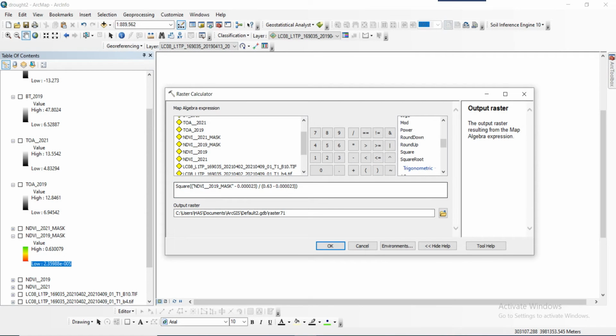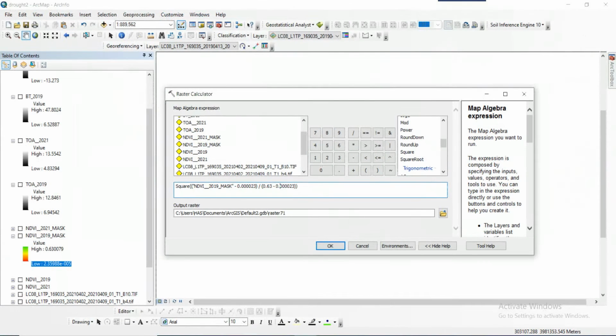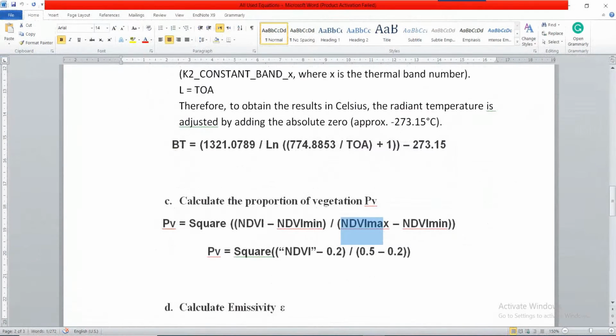Well, so we use the maximum and the minimum values of 2019 after masking. But in some procedures they are just depending on the standard values, that is 0.2 and 0.5. This is for minimum and this is for maximum.